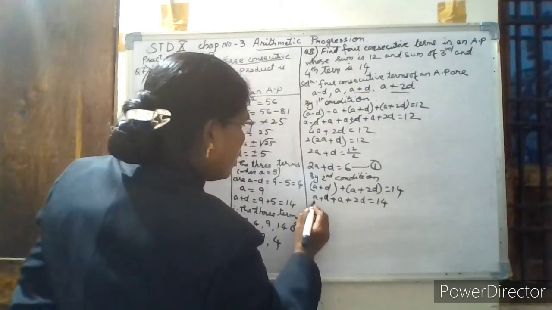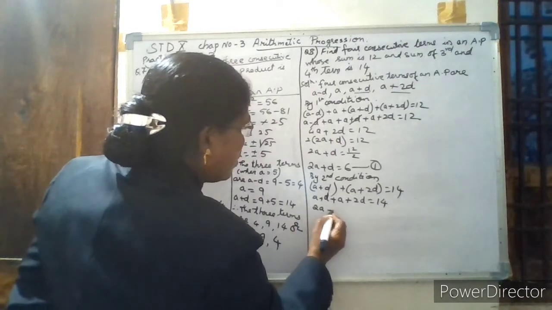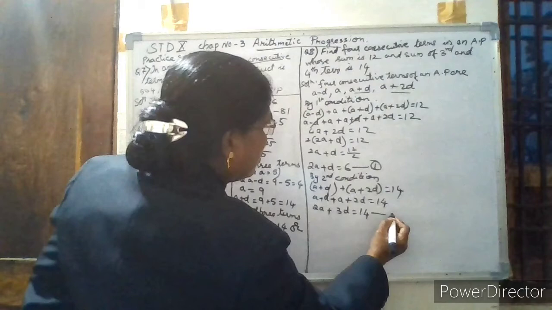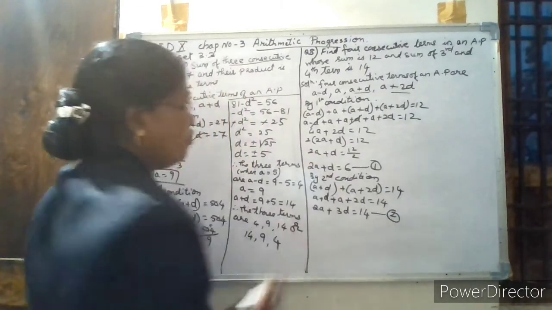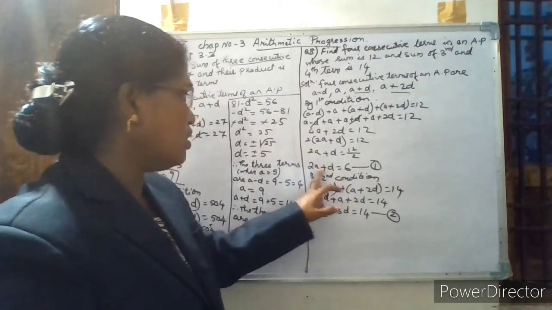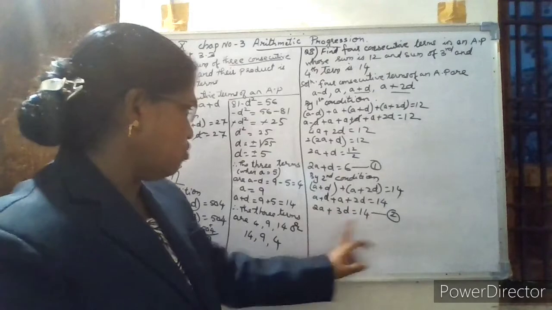There is nothing to cancel here. So a plus a is 2a, then plus 3d is equal to 14. This is equation 2. Now you see equation 1 and equation 2. Both are linear equations in 2 variables, having 2a here.